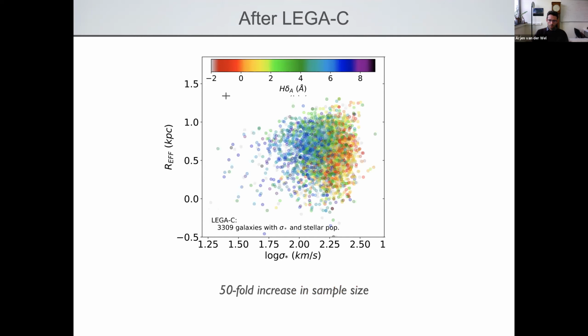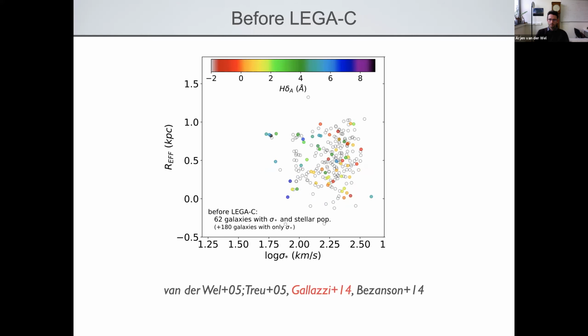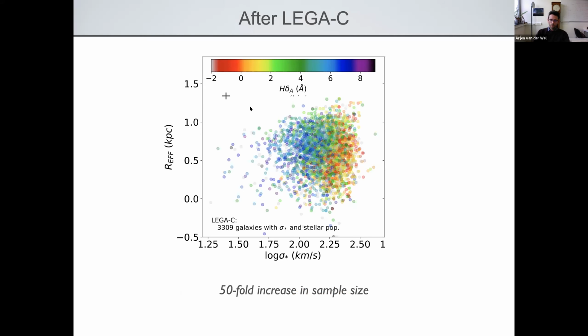So what LEGA-C now produces is a 50-fold increase in sample size in terms of galaxies with stellar kinematic information and stellar population information. Before we had massive ellipticals with velocity dispersions of 200-300 kilometers per second, a few things here. Now we have thousands of galaxies all over this parameter space. Right? We have everything in here.